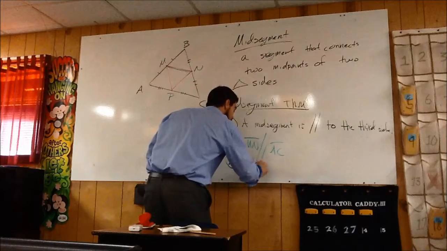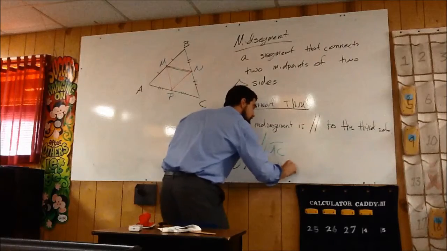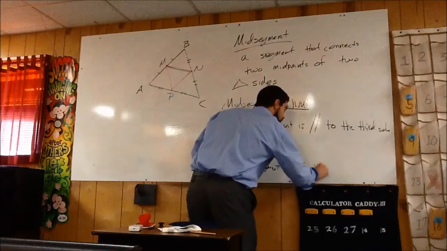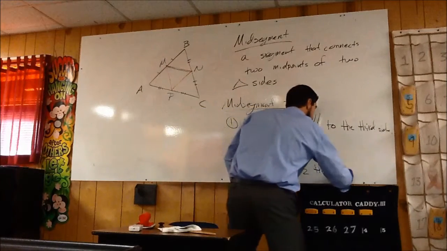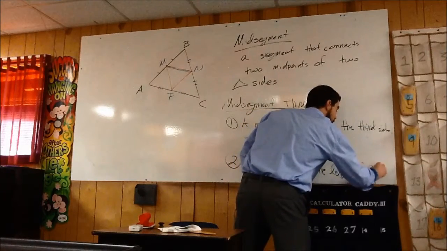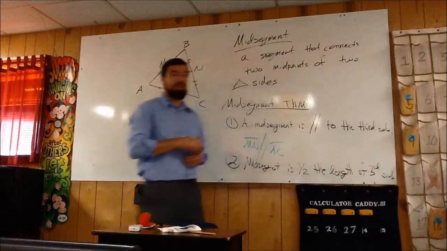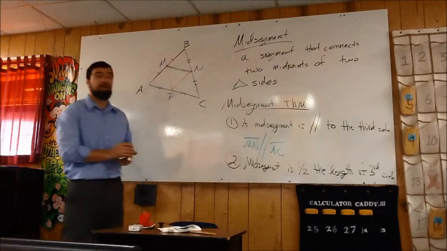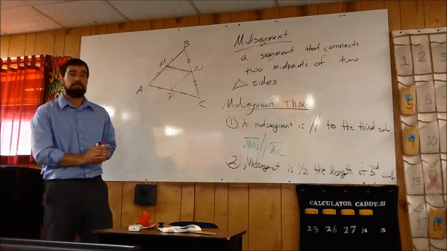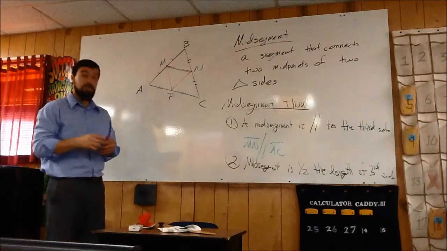The midsegment is half the length of the third side. So how many marks of congruency can I put on segment MN? 3.